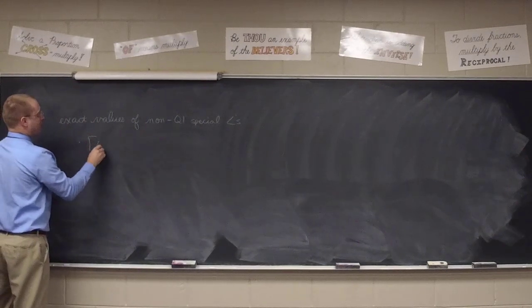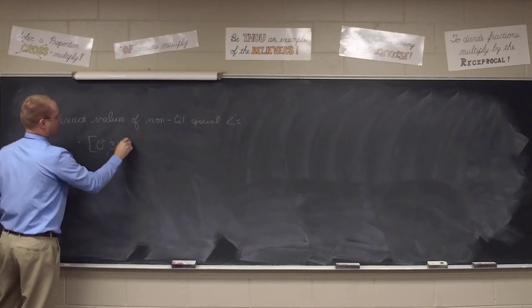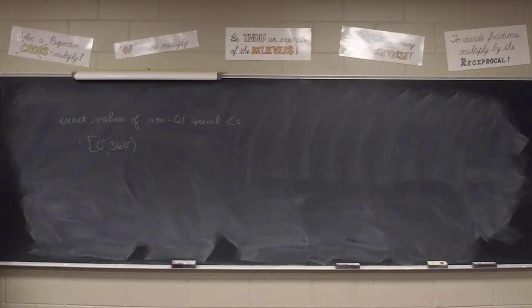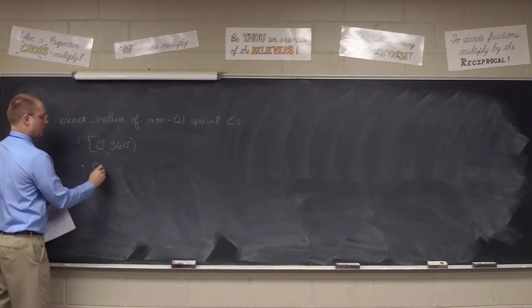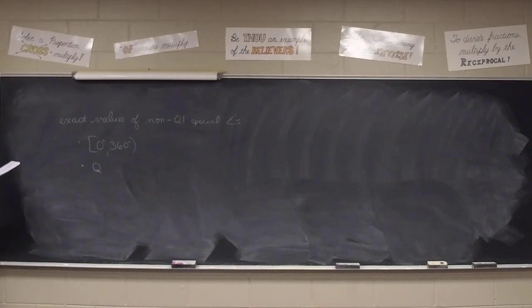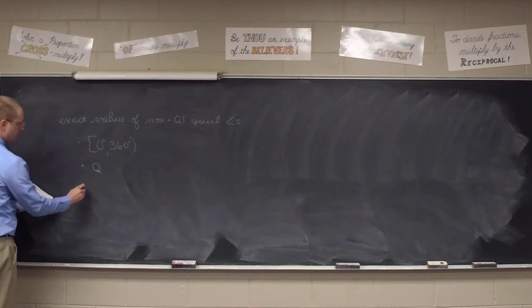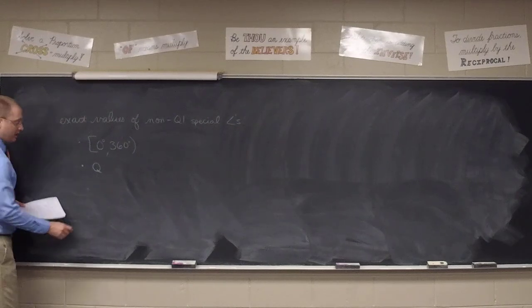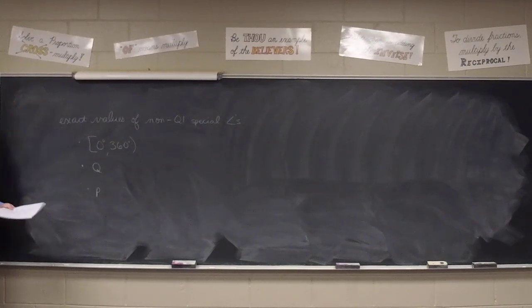All right, first of all, make sure your angle's between 0 and 360, or 0 and 2 pi. This is step number 1. Step number 2, determine the quadrant. Step number 3, find the reference angle.